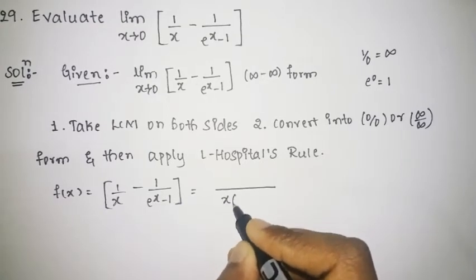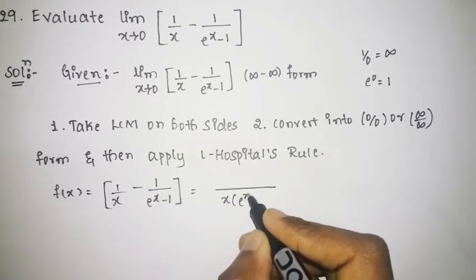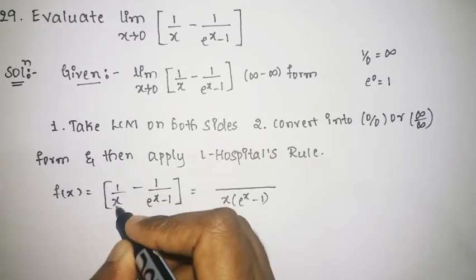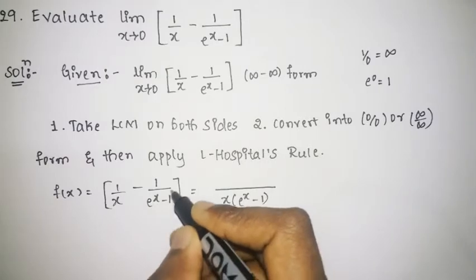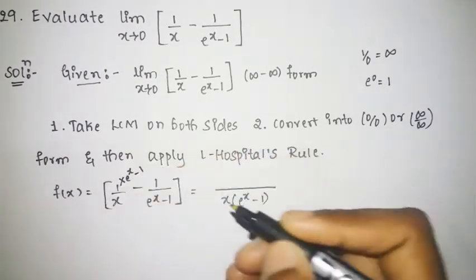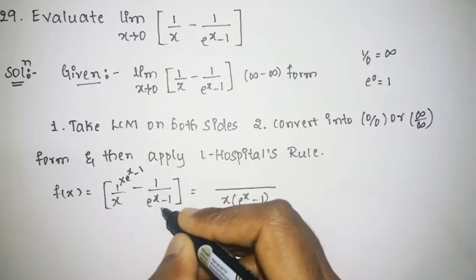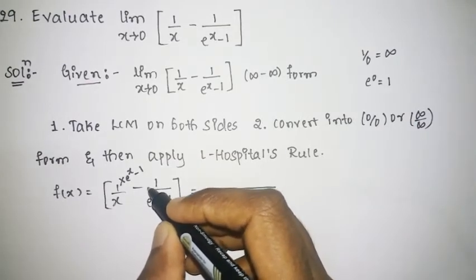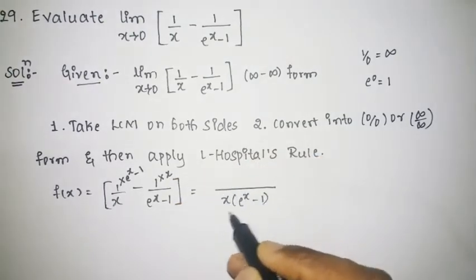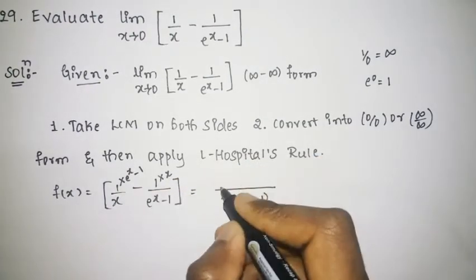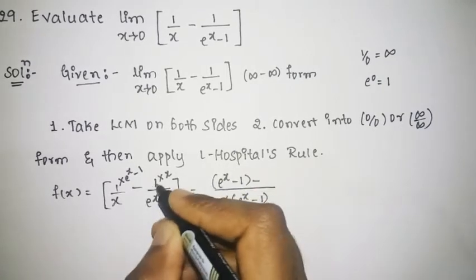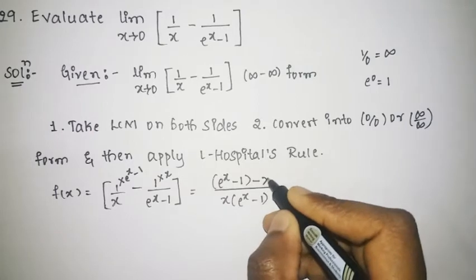At the denominator we have x, but we do not have e raised to x minus 1, so multiply it with e raised to x minus 1. Similarly, here at the denominator we have e raised to x minus 1, but there is no x, so multiply it with x so that we obtain this LCM. So 1 into e raised to x minus 1 will be e raised to x minus 1. Then minus 1 into x is nothing but x.